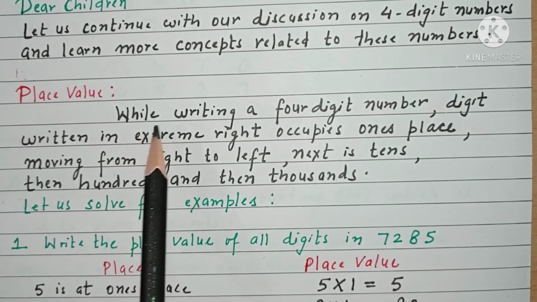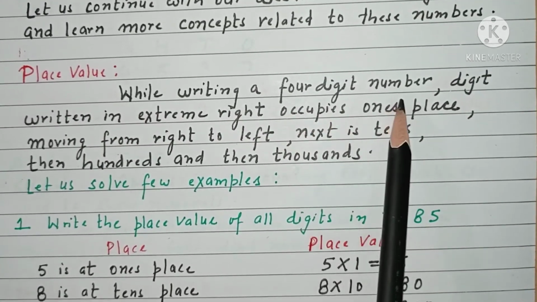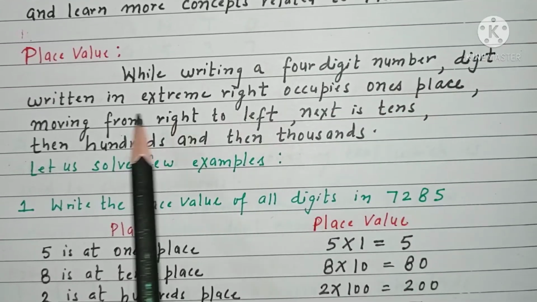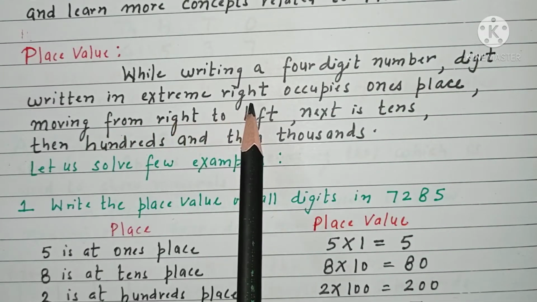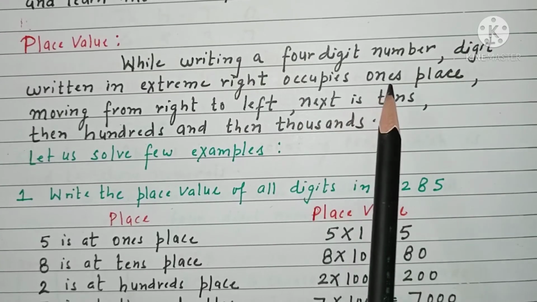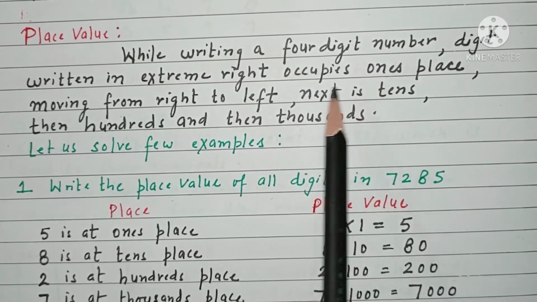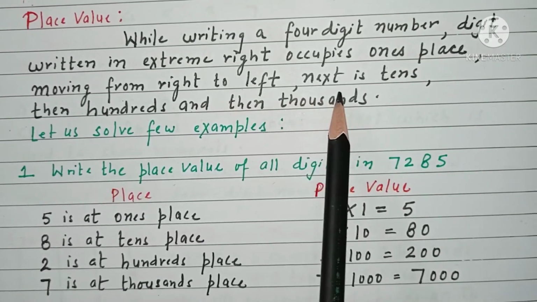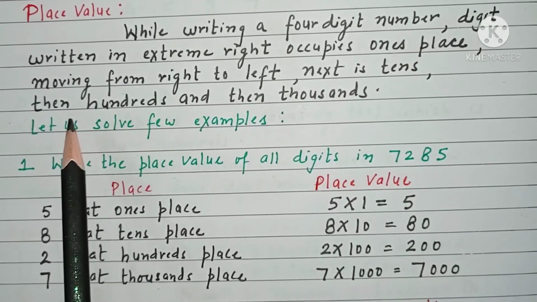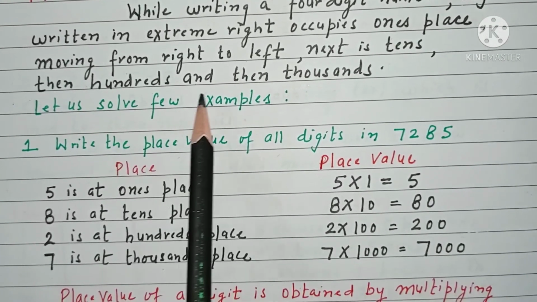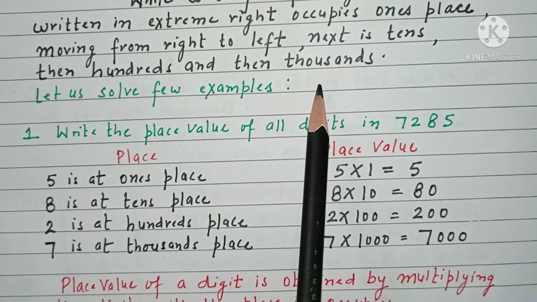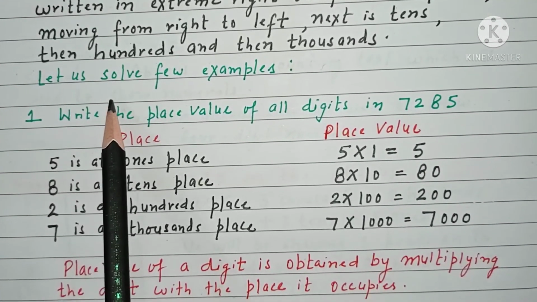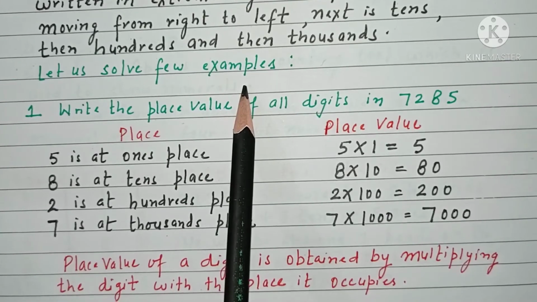Students, while writing a four-digit number, the digit written in the extreme right occupies the one's place. Moving from right to left, next is tens, then hundreds, and then thousands. Let us solve a few examples.